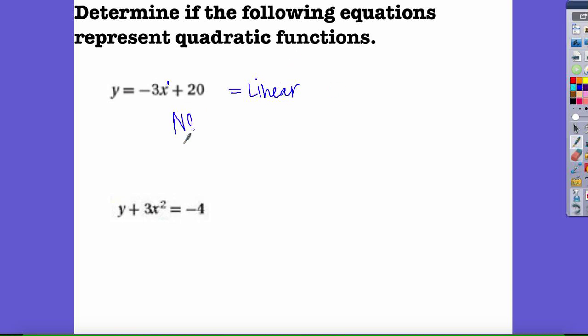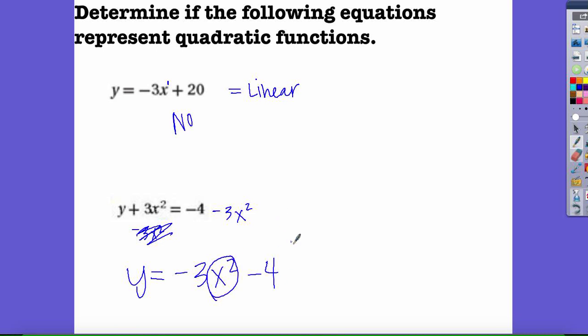So no. The second one, even if I were to rearrange it and get y by itself, if I have y equals -3x squared minus 4, and now it's in standard form here, the highest exponent on x is a 2, so this is considered quadratic. So from an equation, you're really just looking to see if the absolute highest exponent is a 2.